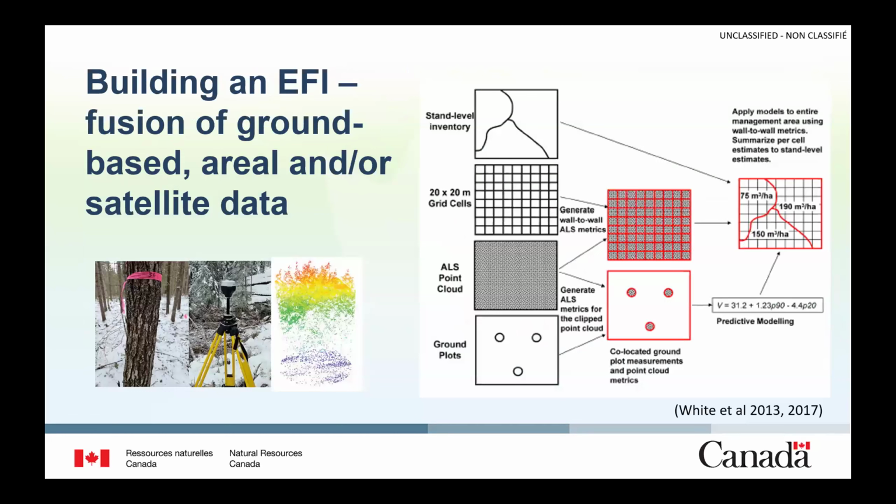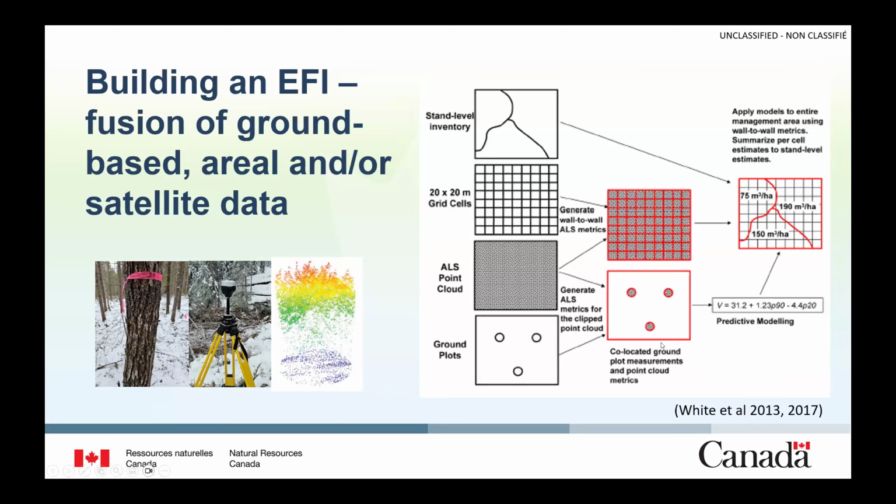To build your EFI, you generally want to fuse ground-based, aerial and satellite technologies to generate value-added inventory map products. Essentially, you're using the benefits of one technology to overcome the weaknesses of another. The general idea is to use a sampling unit with a known value, your ground truths, such as a tree DBH measurement, and then develop a relationship between this known value and that of a data product that has a broader spatial coverage, such as your ALS point cloud.